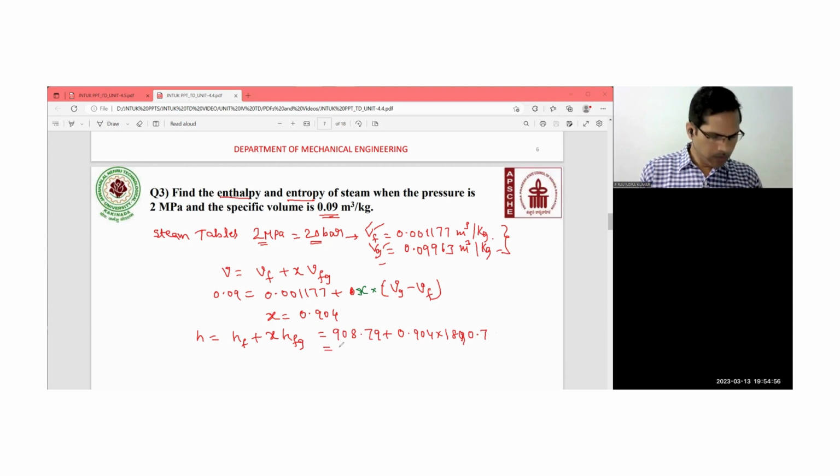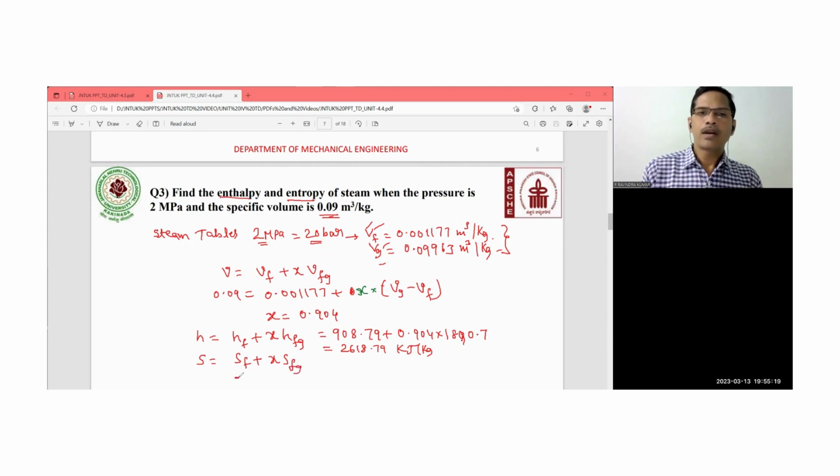This total value you will get as 2618.79 kilojoule per kg.